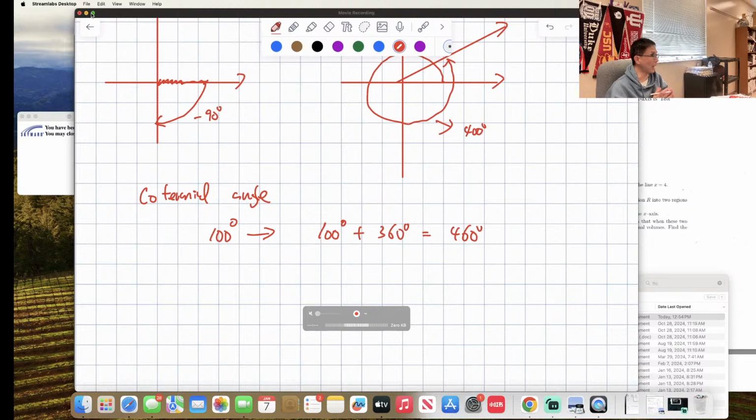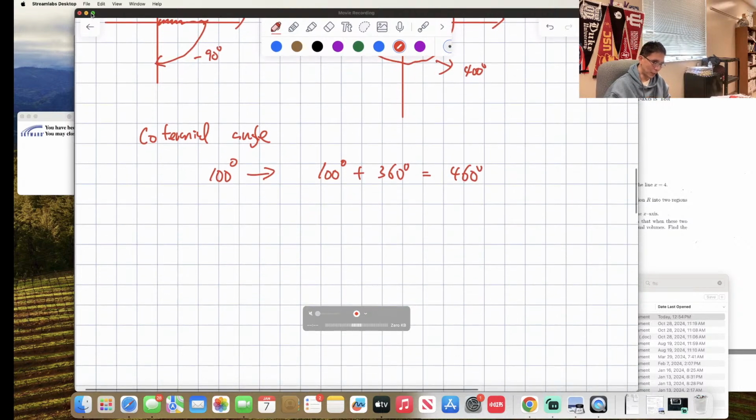So 460 is going to face the exact same direction as 100 degrees. I'm going to show you. 100 degrees is a little bit over 90, so it's roughly right here. If I were to draw it, this will be 100 degrees.